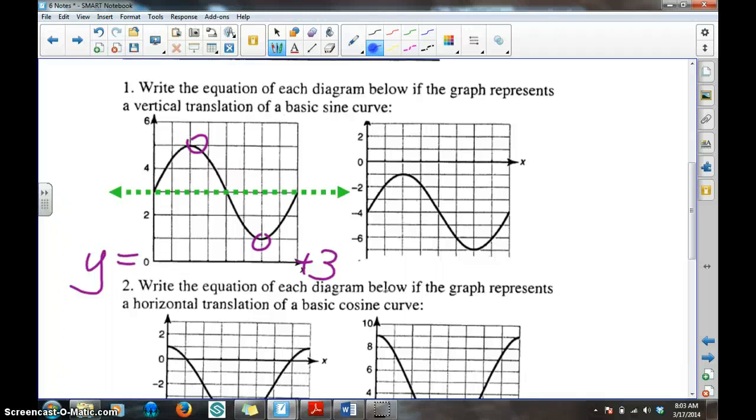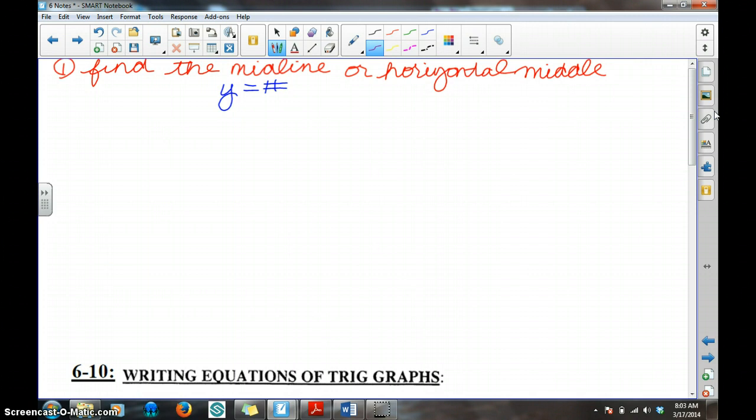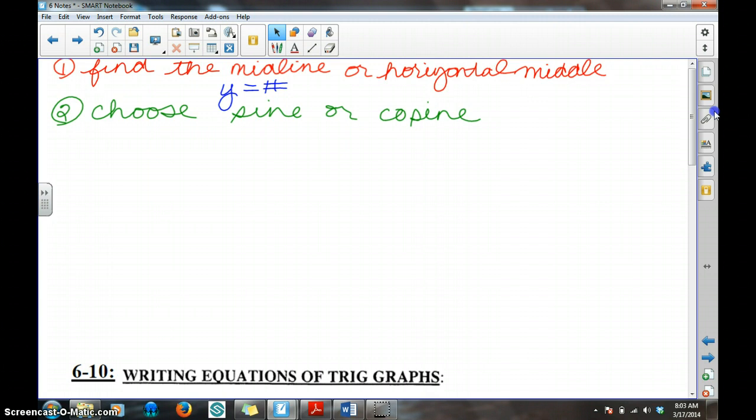Now the reason that's got to be the first thing that you do is because the second step in the process of naming a graph is to determine whether the graph is a sine or a cosine graph. The decision about whether this is a sine or a cosine graph comes from finding the intersection on the y-axis.